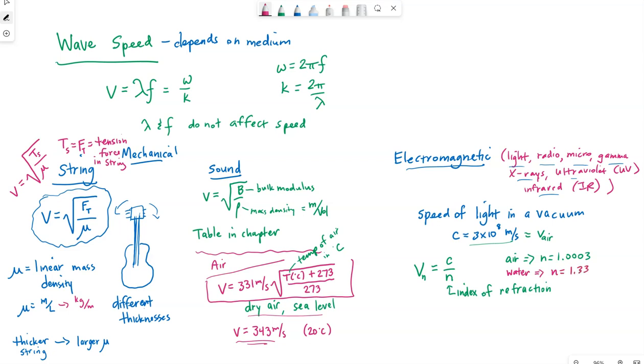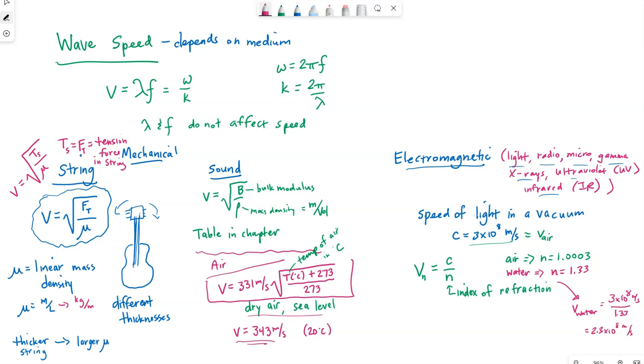And so for the speed of light in water, v in water, we would take that 3 times 10 to the 8th meters per second and divide by 1.33. So the light will travel slower in water. We get 2.3 times 10 to the 8th meters per second.